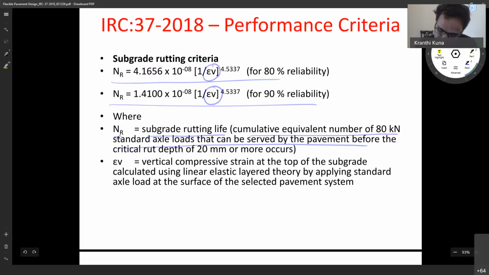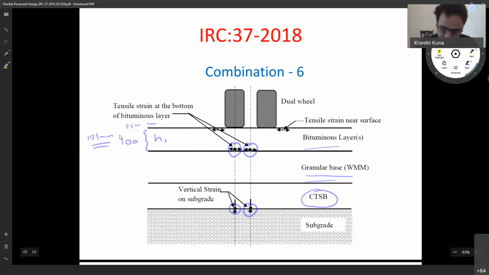So vertical compressive strain at the top of the subgrade is calculated using linear elastic theory, which is what IITPAVE runs on, by applying a standard axle load at the surface of the selected pavement. This is what we have discussed: vertical compressive strain, epsilon V, at the top of the subgrade.